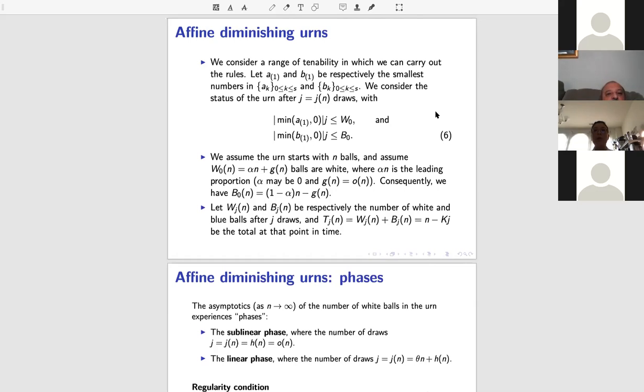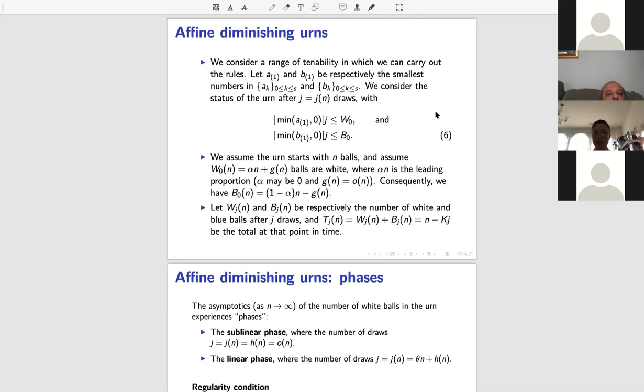With this untenability feature, the problem will only be interesting if we start the urn with a sufficiently large number of balls, so that we have a large range of tenability in which we can do some analysis.